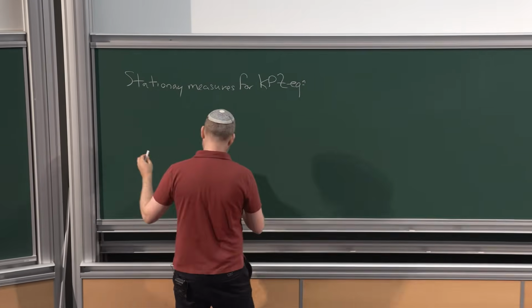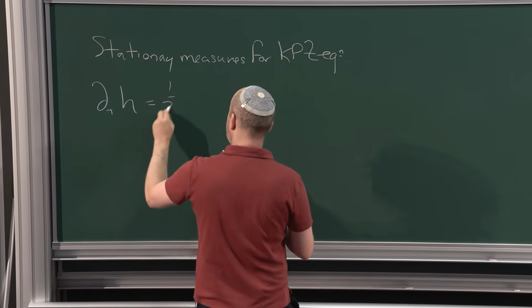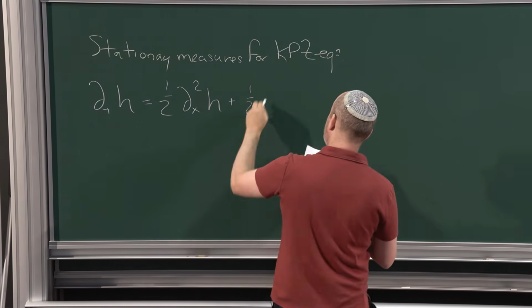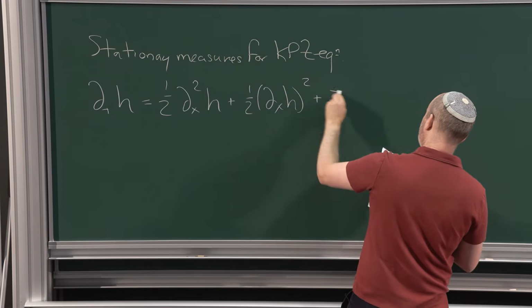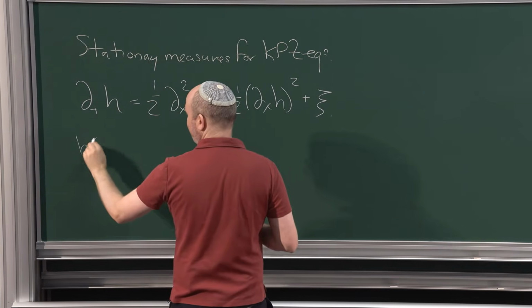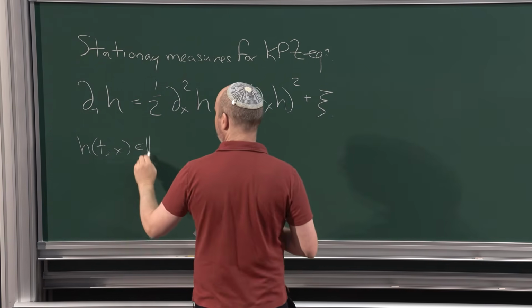This is the stochastic PDE that goes by the name of the KPZ equation. You should think of h as a height function, so it depends on time and x.